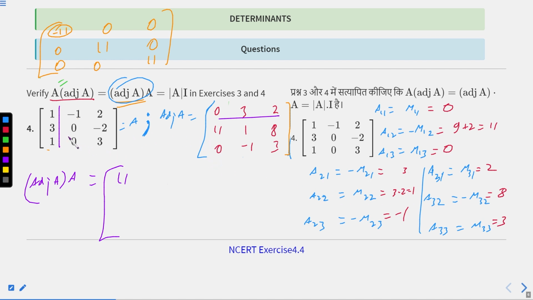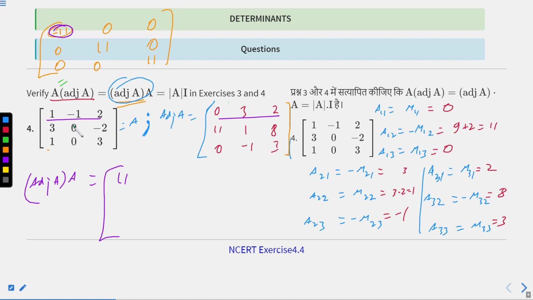I think this entry, this multiplying with this entry, is not minus 11. I am doing some mistake somewhere here. Let me just see. So this entry is A12. Let me evaluate A12 once again. So A12 means minus M12.